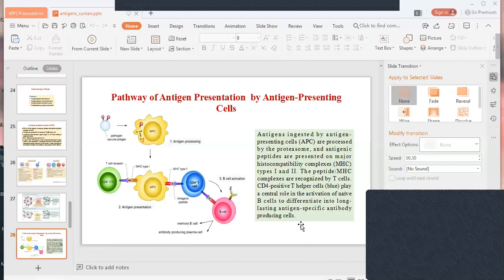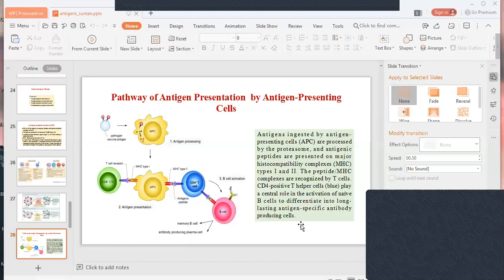CD4 plus T cells are the helper T cells. CD8 plus T cells are the cytotoxic T cells, the cytotoxic T lymphocytes. So antigen presenting cells present the antigen with the help of the MHC1 complex molecule, interacting with the cytotoxic T cell, and again they interact with the helper T cell via the MHC2 complex.